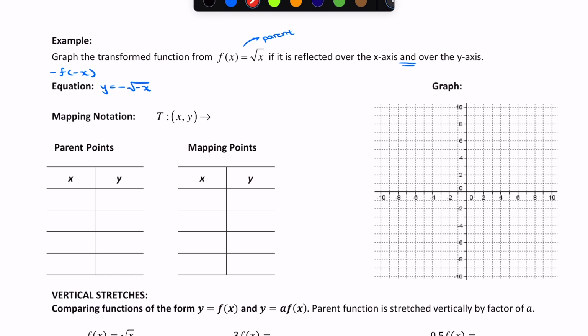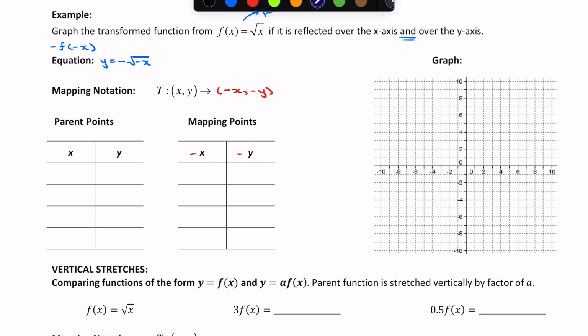In terms of our mapping notation, both our x and y values are reflected. So therefore, they both will be negative. So here it's negative x and negative y. So here, if we look at our parent points, again, x values will be 0, 1, 4, and 9.